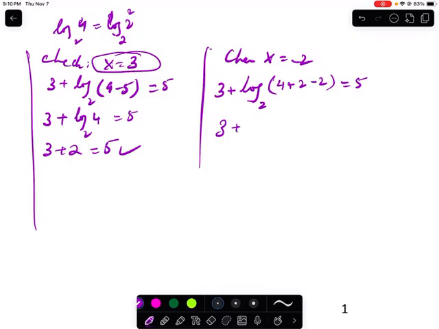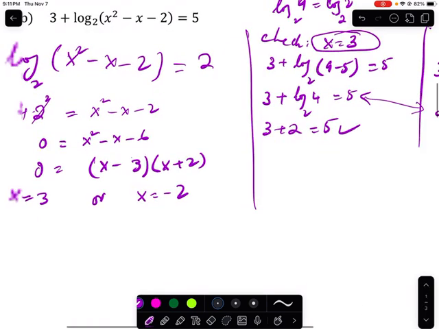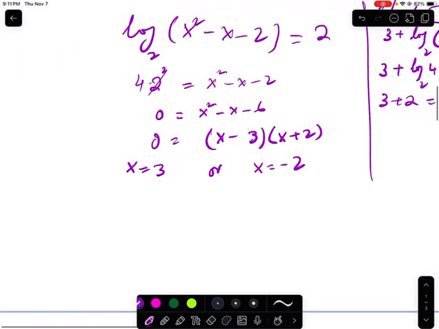So this gives me the same thing. Hence we get the correct answer. So the solutions are x is equal to 3 and x is equal to negative 2.